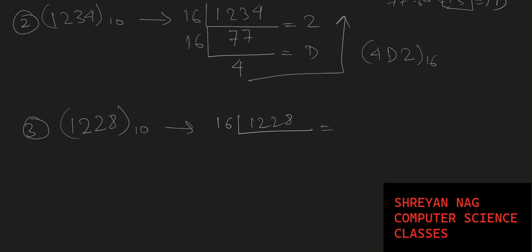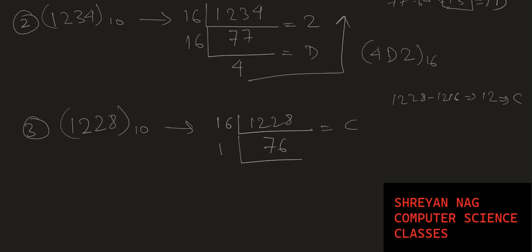Let us do some counting. 16 times 76 is 1216. So 1228 minus 1216 is 12. So 12 is what? 12 is C. So we will write C.